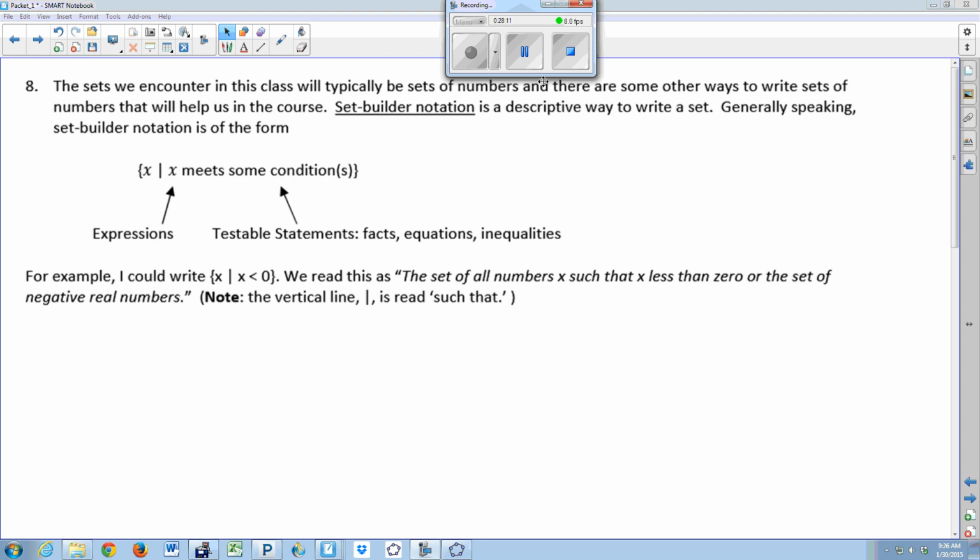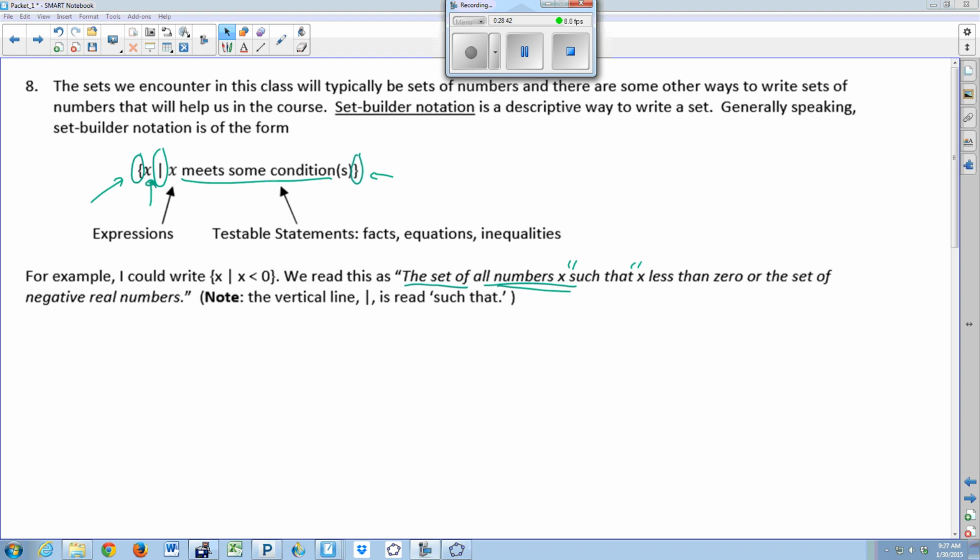And to use set builder notation, notice you start off with your braces. And this is how it reads. To read this, you would say the set of all numbers x, and you put in whatever variable you're using, x is very common. This straight up and down line is read as such that x meets some condition.